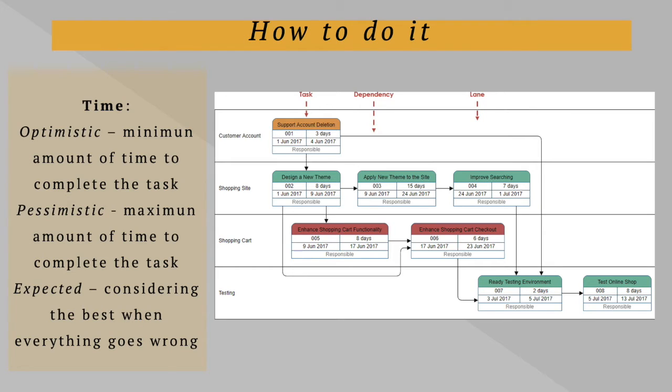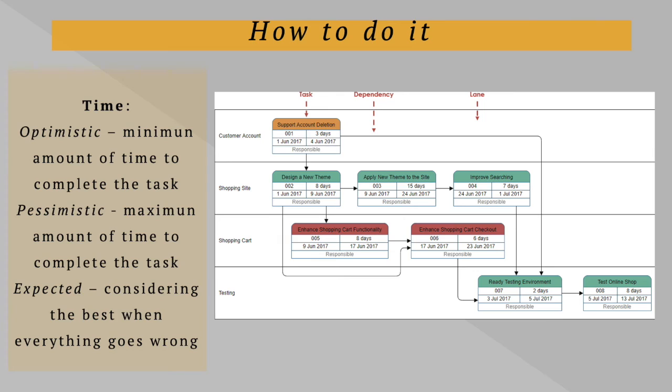Secondly, we have the pessimistic, that is the maximum amount of time to complete the task. This means completely the opposite of the first one, which is when our resources are not available or something is missing, etc. And the third one is the expected, that is considering the best with everything going wrong.